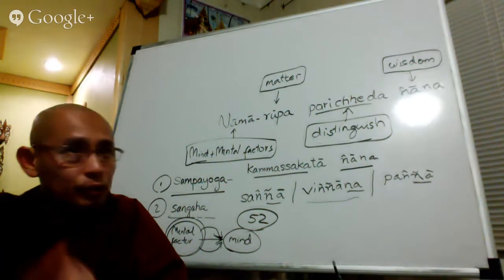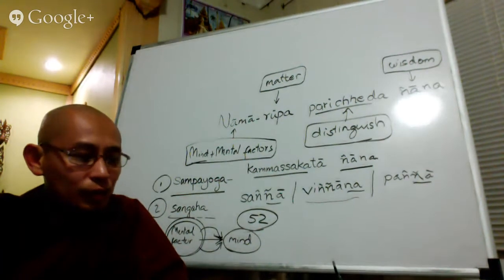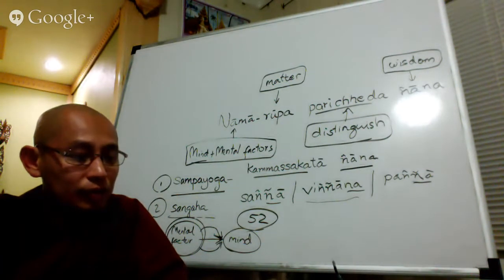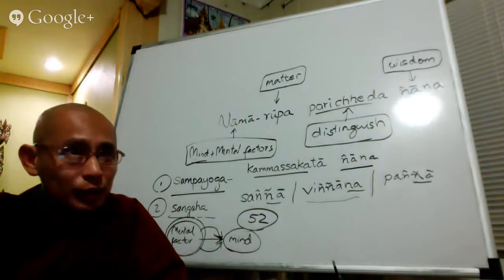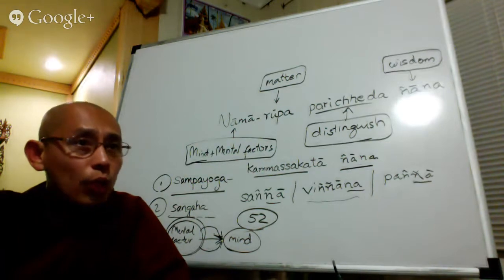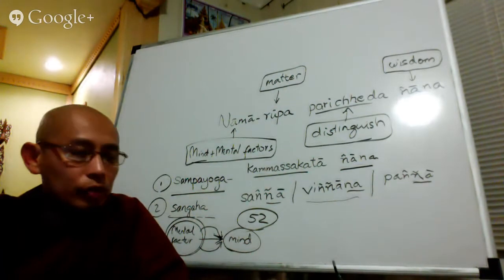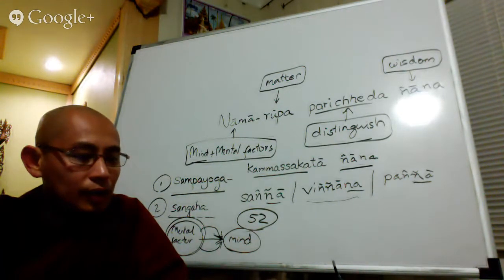So skip neutral feeling because we don't need to think about it. Just take those with pleasant feeling, only 12 types of kamavachara cheta associated with piti.